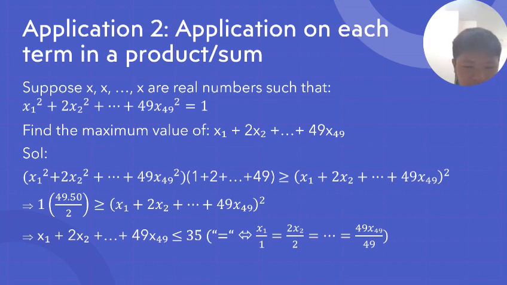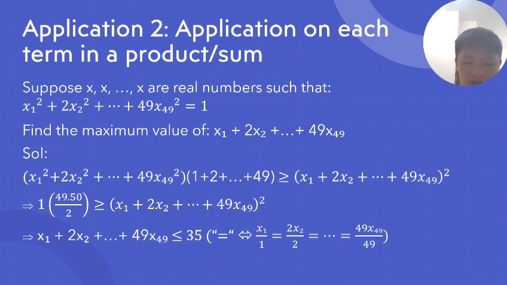Therefore we have the following: 1 multiplied by 49 multiplied by 50 over 2 is larger or equal to the square of the sum that we need to find out. Therefore, the maximum value of the sum that we need to find out is 35, after you take the square root of the number on the last line.